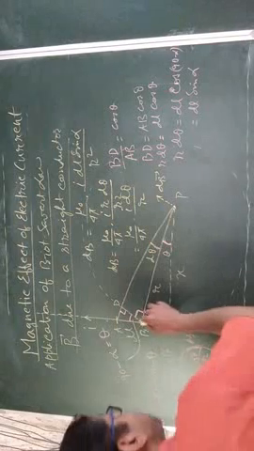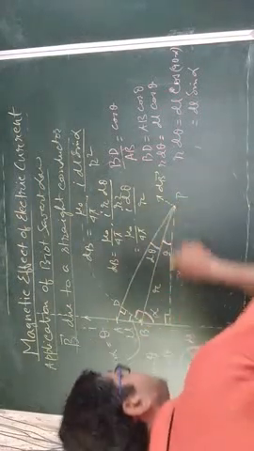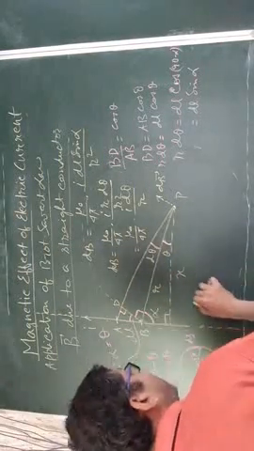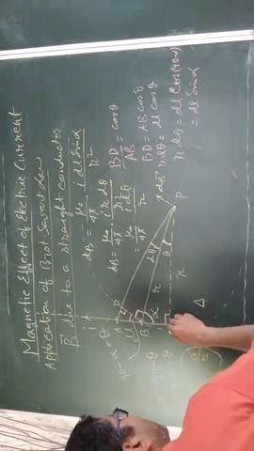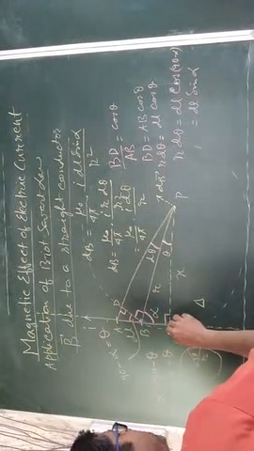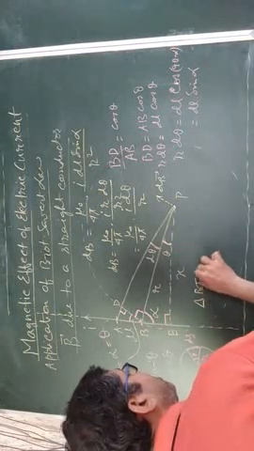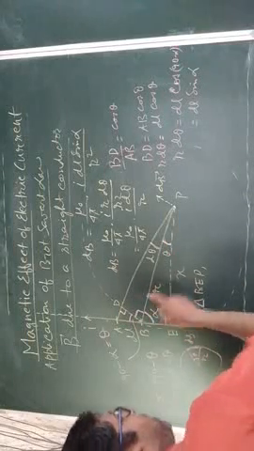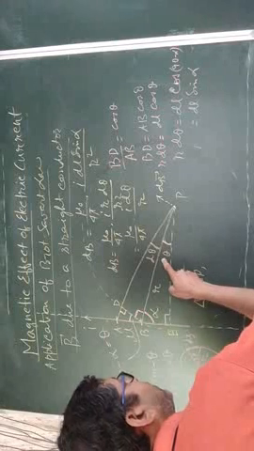Now in this triangle, this is r and this is x. So in triangle BEP, x by r is equal to cos theta.